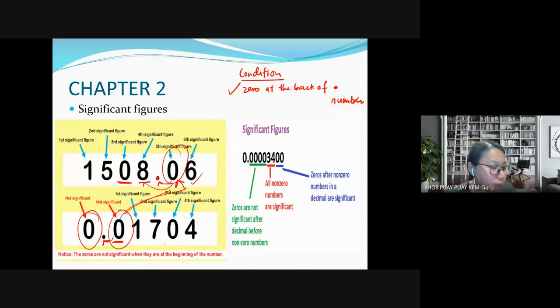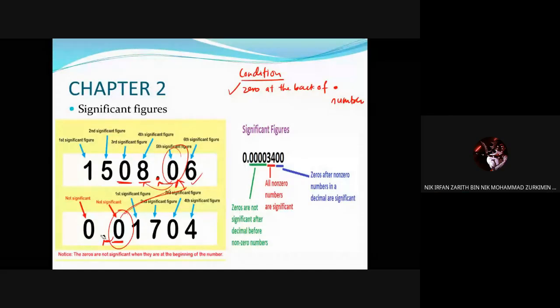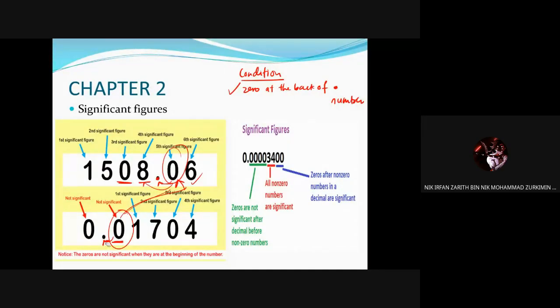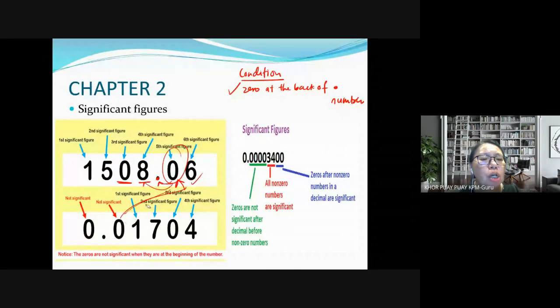Are these 2 the same or not? Can we say this is also significant? No, cannot, yeah? All right, very good. Because it does not fulfill the 2 conditions, teacher said already, the 0 must be at the back of a point and at the back of a number. This 0 only fulfills 1 condition.